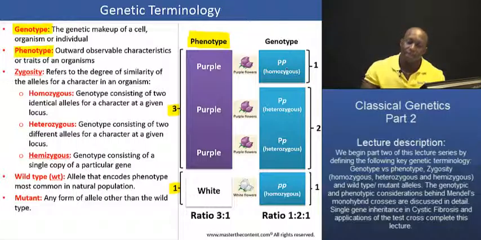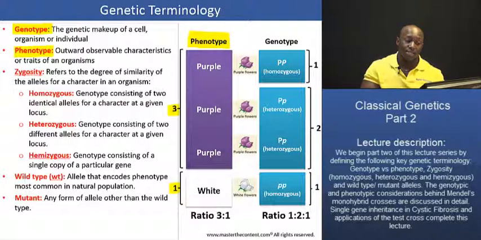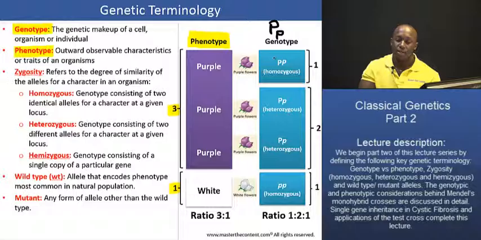I'll explain that. If you look at the top right, if you have a homozygous dominant genotype that has 2 dominant alleles which produce purple flower color, the flowers of that plant are obviously going to be purple. Now, if we're talking about a heterozygous state in which you have 1 dominant allele for purple color and the recessive allele for white color, all those plants are still phenotypically purple.